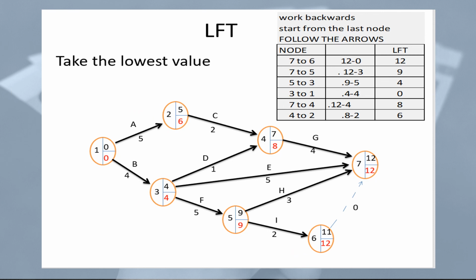Now, we also need to work out the bottom figure, the lowest value. And the way we work out the lowest value is we work backwards. So we actually start from here. Here is where we start.